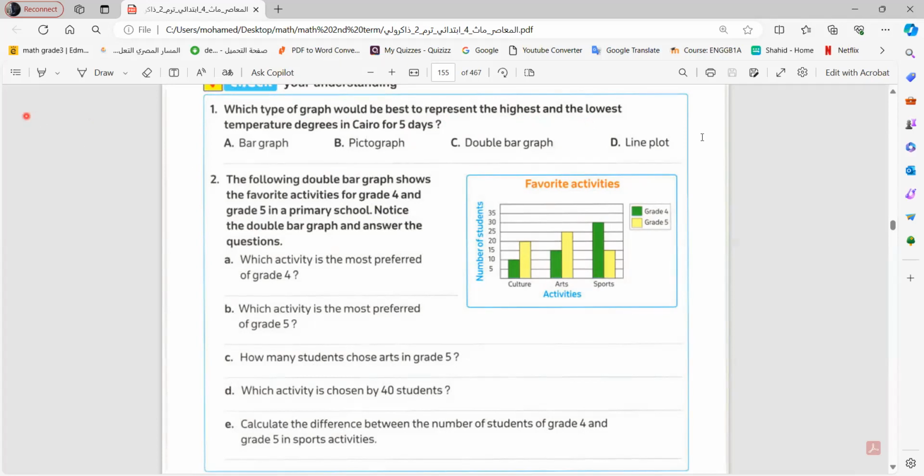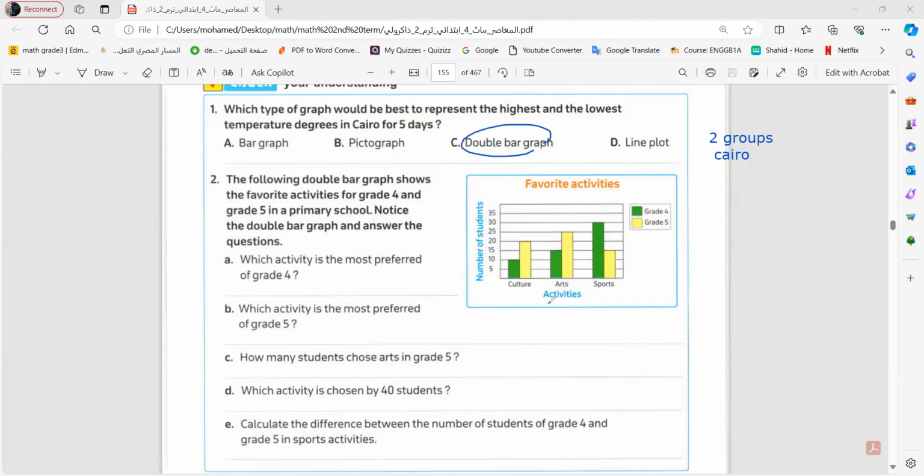Let's see. The first thing I mentioned, I want to measure the highest and lowest. Two things. So that means I'm talking about two groups, for one place, which is Cairo, for 5 days. That means, of course, it's the double bar graph.